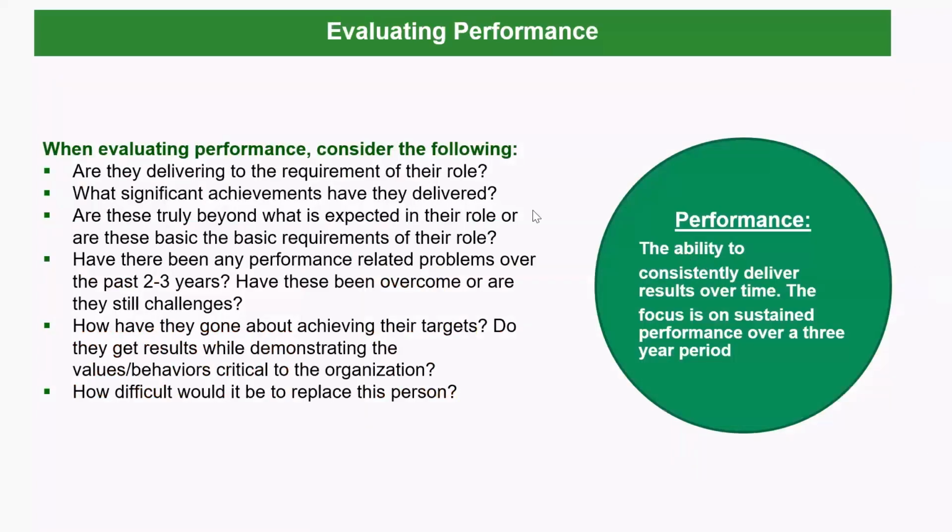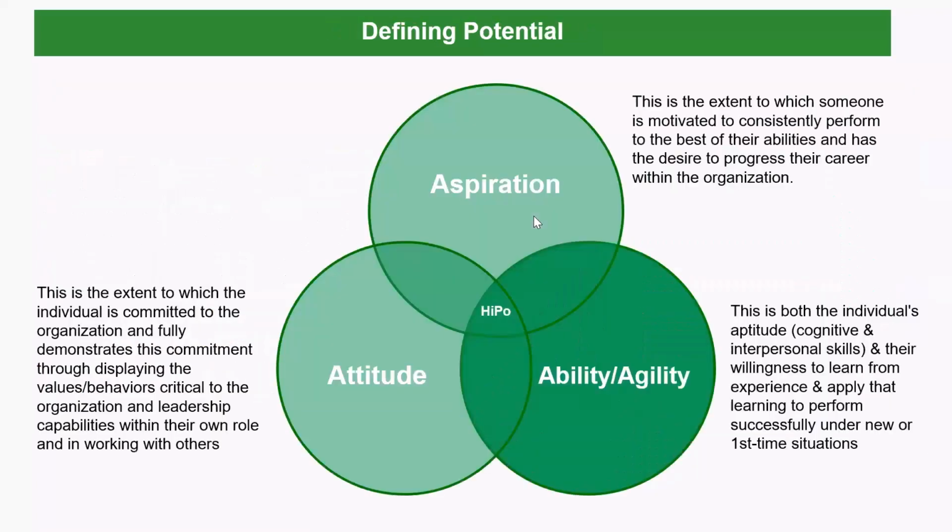Now, let's define potential. There are three factors that you need to use to define someone's potential. 1, aspiration. 2, attitude. And 3, the ability: the competencies, the skills, the capabilities.